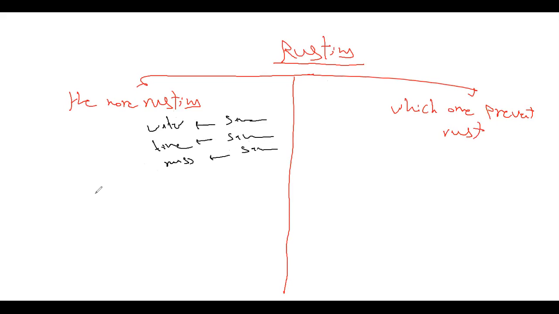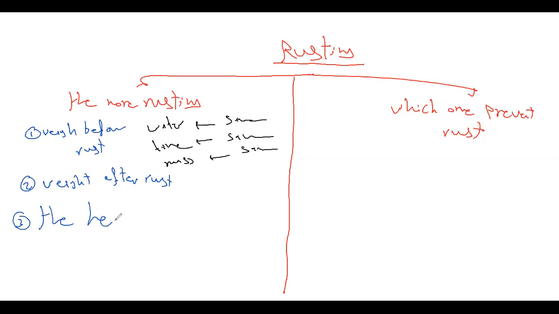We are making, for example, three test tubes containing the same amount of water, the same amount of iron nails, the same period of time. At the beginning, take the weight before rust, then the weight after rust. Then the heavier one has the more rust.